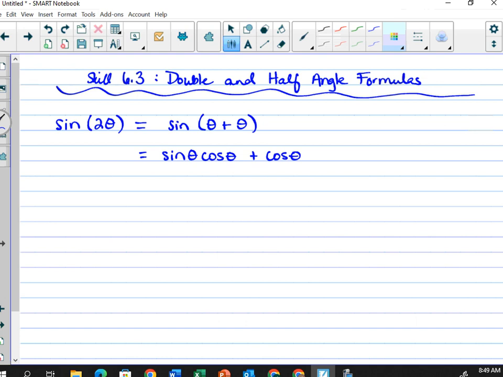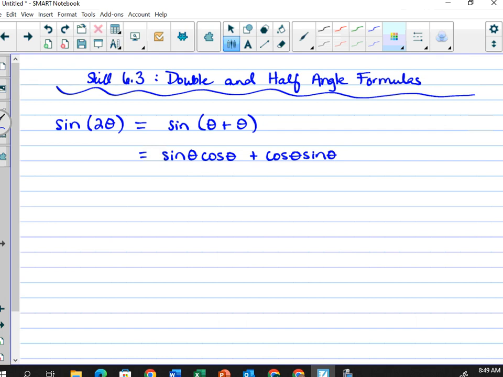Do you have to memorize these? Yes. Are those two things the same thing? Sine of theta plus theta and sine of theta cosine of theta plus cosine of theta. Yes. Remember our formulas from before break, like sine of A plus B? It's like sine of A, cosine of B, plus the cosine, sine of theta. Yes. We're using that.